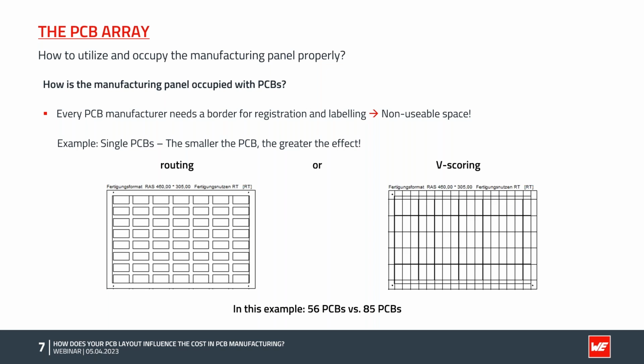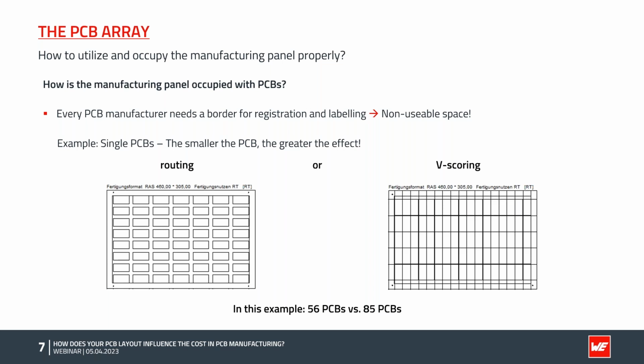Here in this case, the difference is really huge if you compare 85 to 56. So it's quite a huge key you can use to lower the cost here by just changing the way how your PCB is going to be singularized.